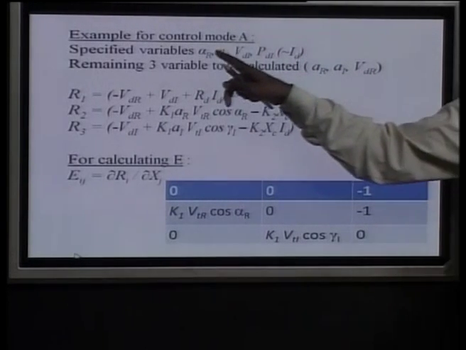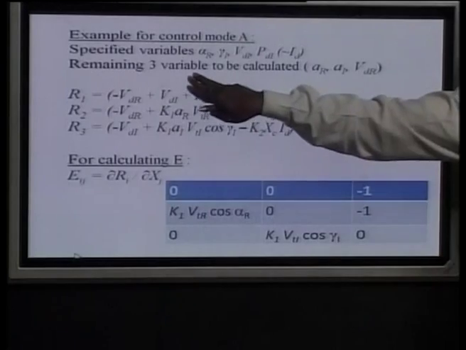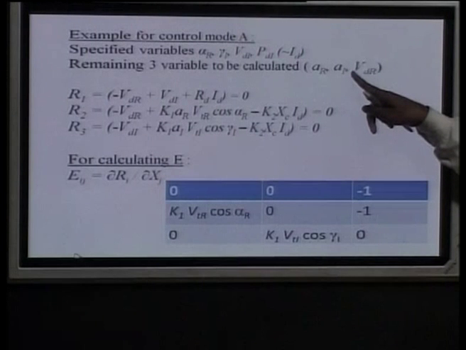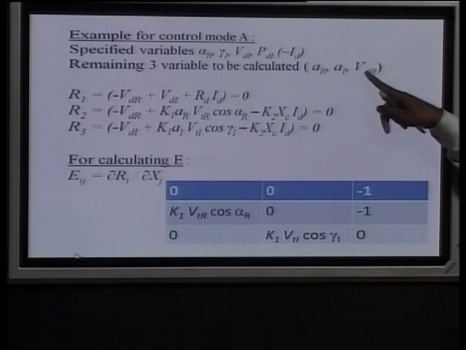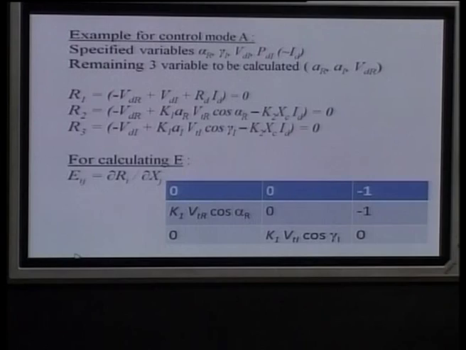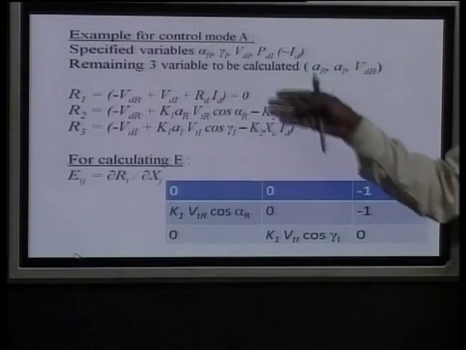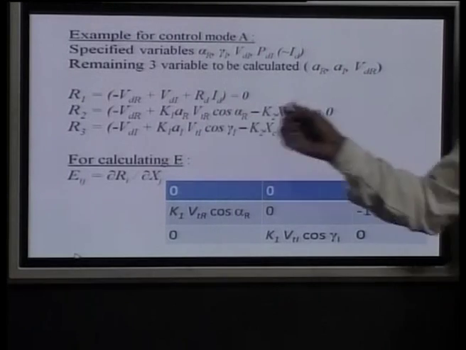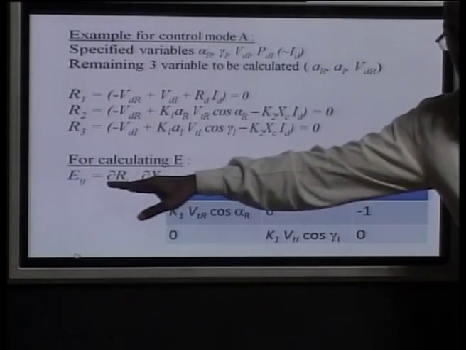So these are specified, and the remaining 3 variables should be calculated: AR, the rectifier tap changer position, AI, the inverter tap changer position, basically tappings, and VDR, the rectifier DC voltage. So we have to solve 3 variables, and since we have the 3 equations R1, R2 and R3, we have to write the elements here.